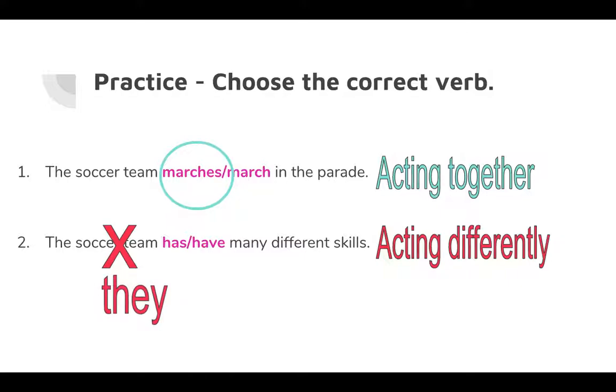Now I'm going to read the sentence and see which one my ear picks up. They has many different skills, or they have many different skills. The one my ear picks up on is have. So in this case, the soccer team is actually plural because they were acting differently. So the soccer team have many different skills.